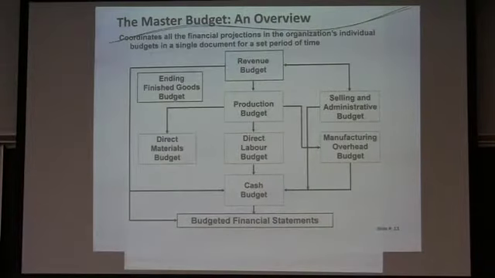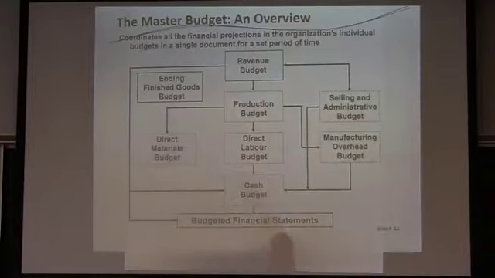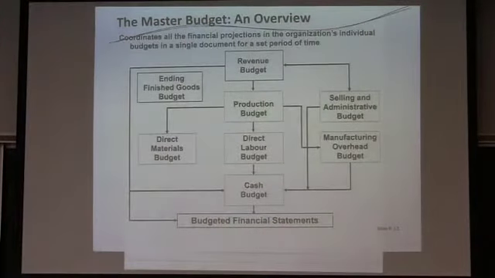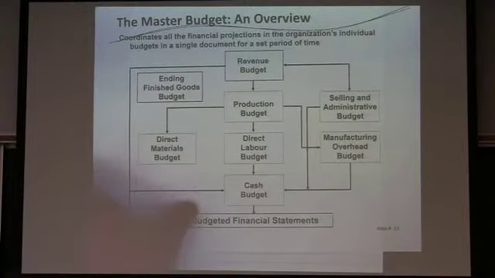And then, once you have that, you can create a budgeted financial statement. So that's essentially a quick overview of the budgeting process that a typical organization would need. And we're going to take a look at this question next, Sears Manufacturing.